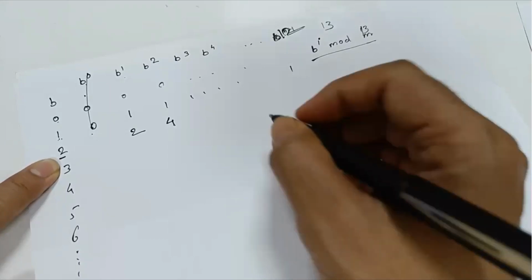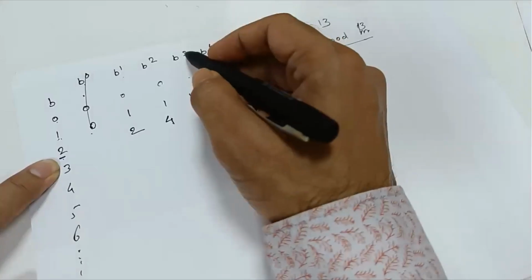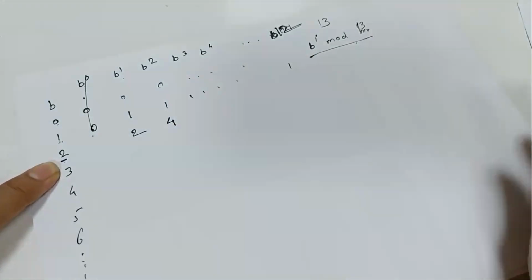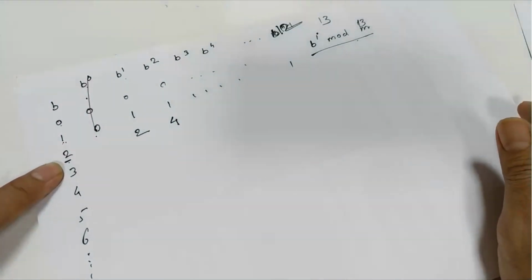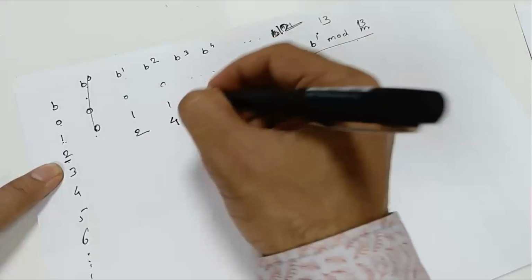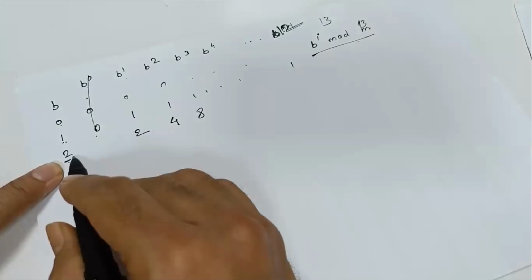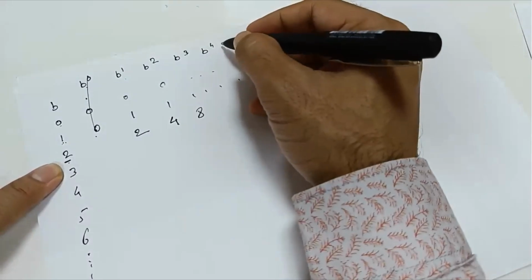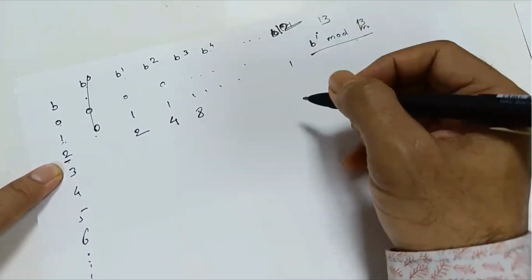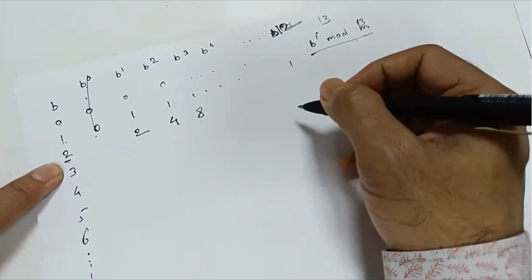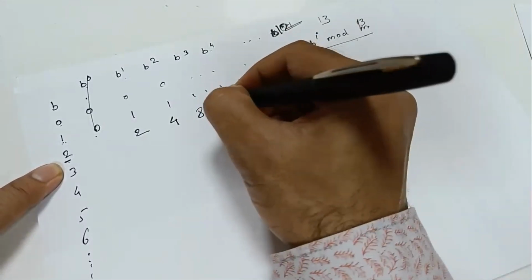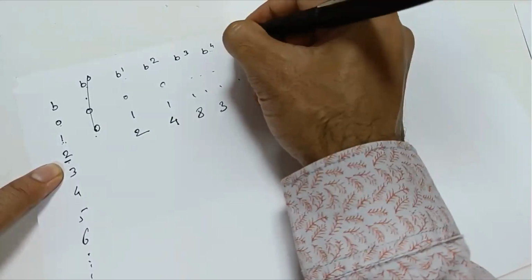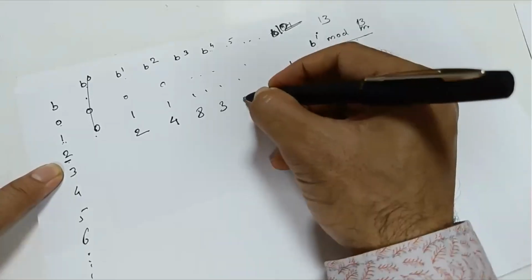If you're not understanding, please let me know. 2 raised to 3 mod 13, what will be the value? So 8. 2 raised to 4 is 3. Next one, 2 raised to 5.